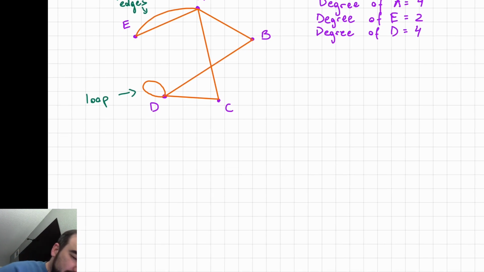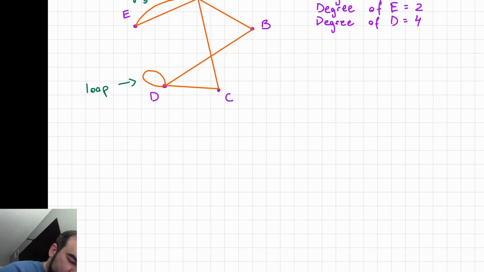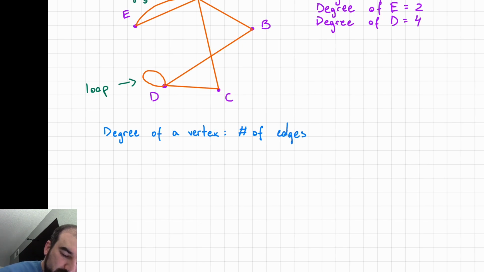So if I give you a definition for degree down here, the degree of a vertex is the number of edges.